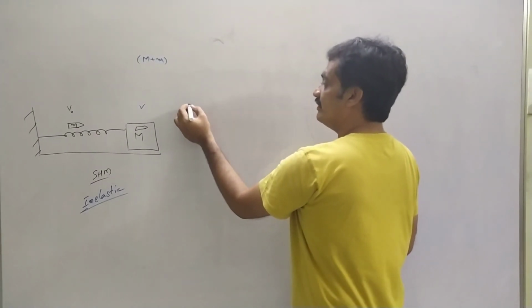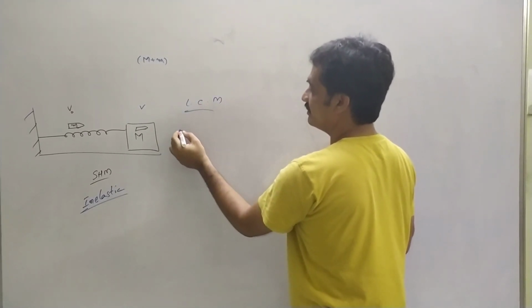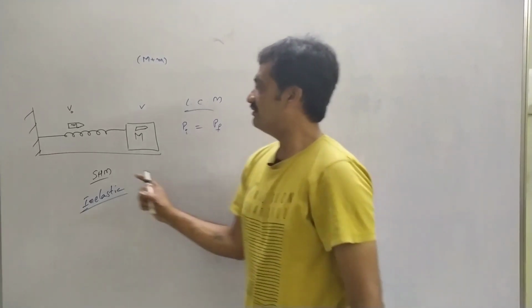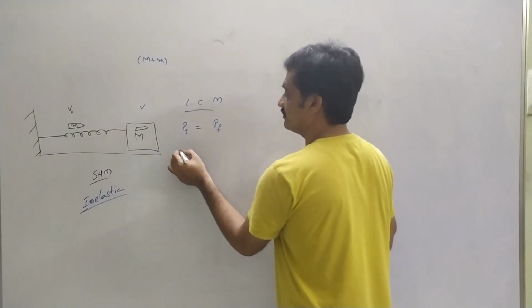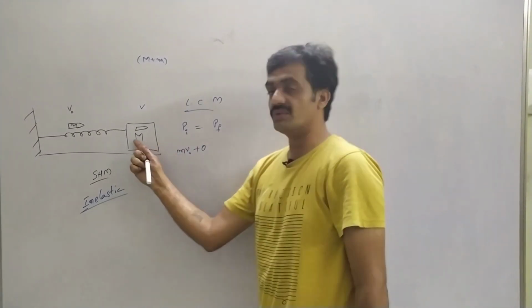If we represent the law of conservation of momentum for this collision, initial momentum is equal to final momentum. Initially the bullet is traveling with a velocity of v naught. So we have m into v naught plus 0, because the block is at rest.